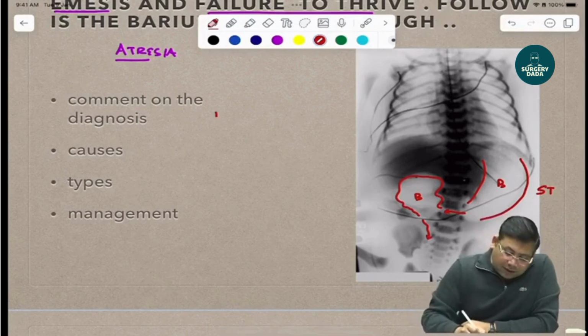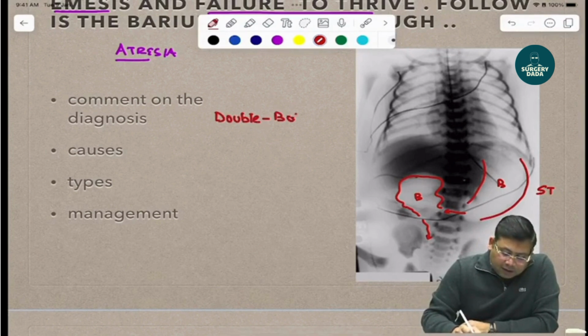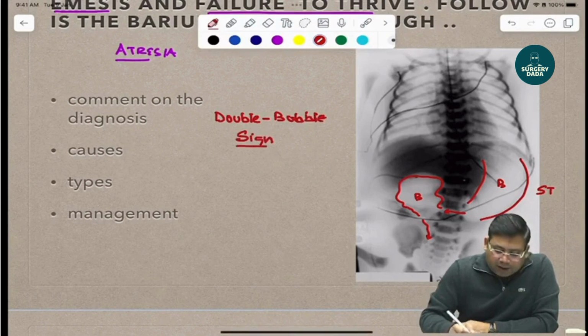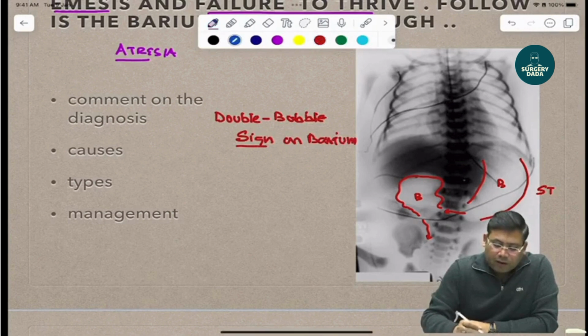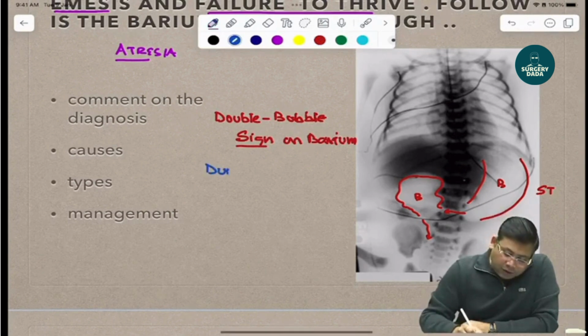This is a classical double bubble sign on the barium, and this is diagnostic of one very important thing, that is duodenal atresia.